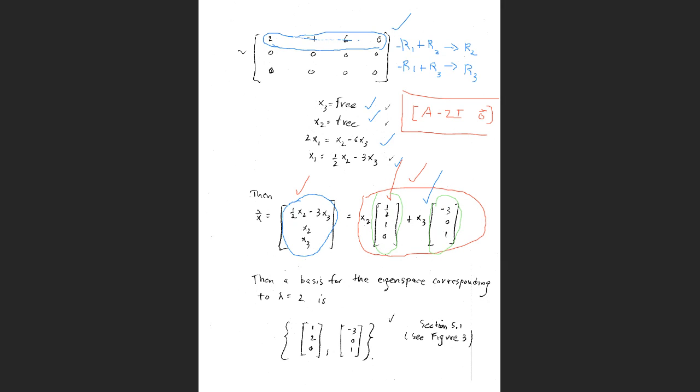Would the span of the basis vectors a half, 1, 0 and negative 3, 0, 1 be the same as the span of the vectors 1, 2, 0 and negative 3, 0, 1? Would it be the same?